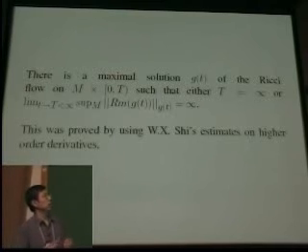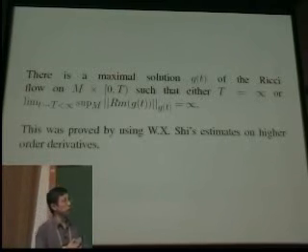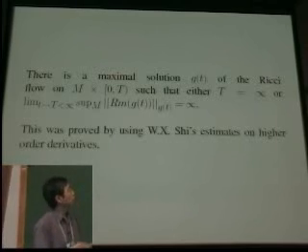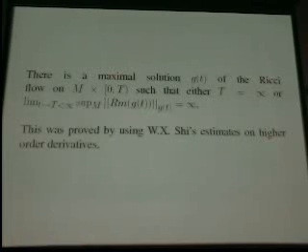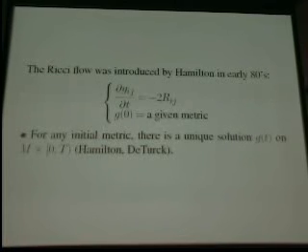There is a so-called maximum solution g(t) of the Ricci flow, from 0 to capital T. This capital T is the time such that the solution of the previous equation exists; it cannot extend further.